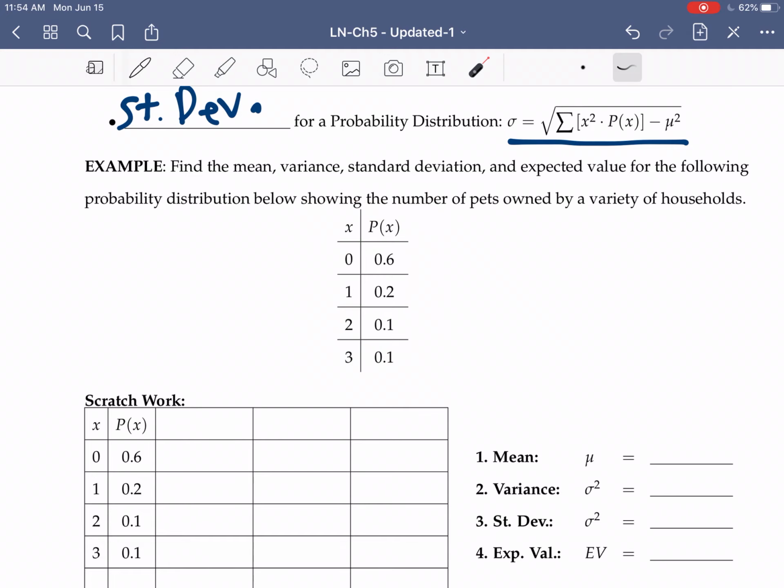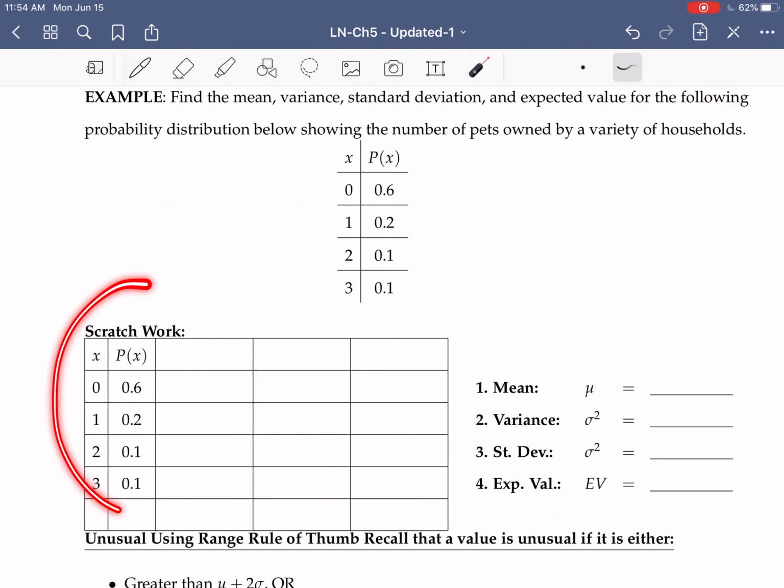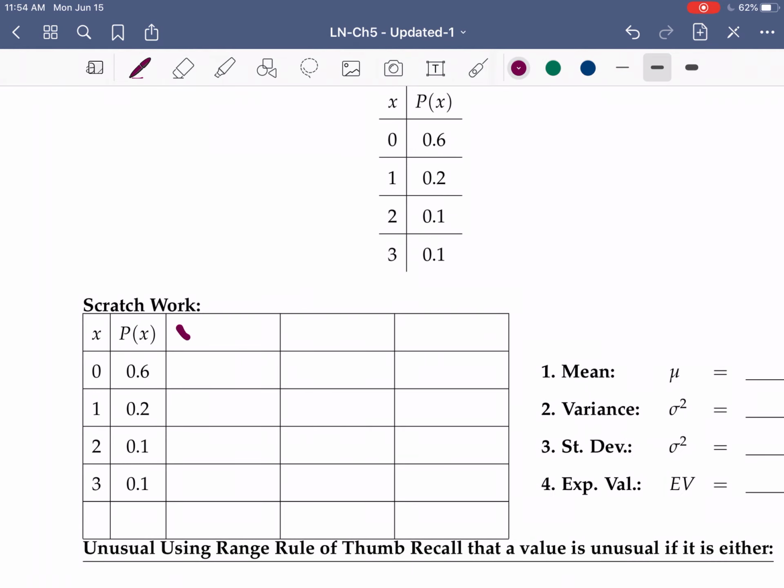I've put a space down here for some scratch work, so we're going to do the scratch work there. In this first column, I'm just going to take x times p of x. So I'm taking the value 0 times 0.6, and that gives me 0. Taking 1 times 0.2, that gives me 0.2.